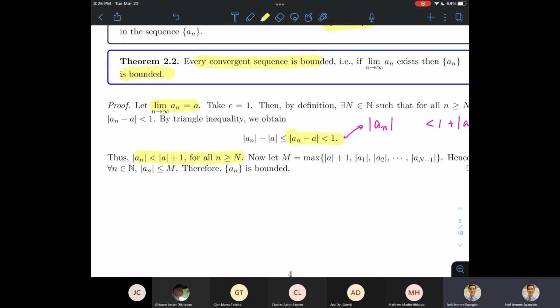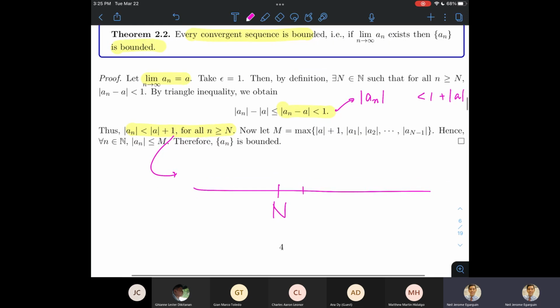So what is this telling us? Na starting pala kay a sub capital N, lahat na ng terms sa sequence ay may absolute value na mas maliit sa absolute value ni a plus 1. So kung i-drawing natin tong statement na to, starting from capital N, all right? So we'll have capital N plus 1, capital N plus 2, and so on. Ito yung mga little n's natin. All right?